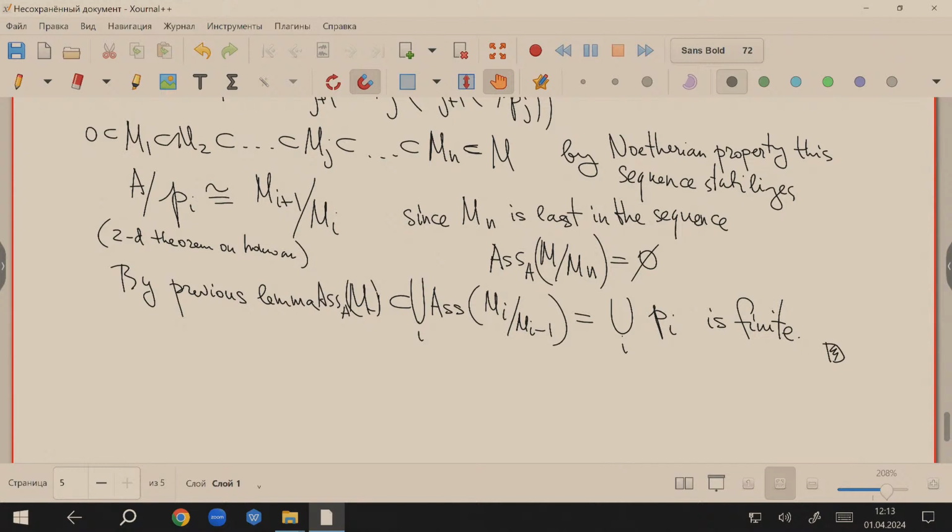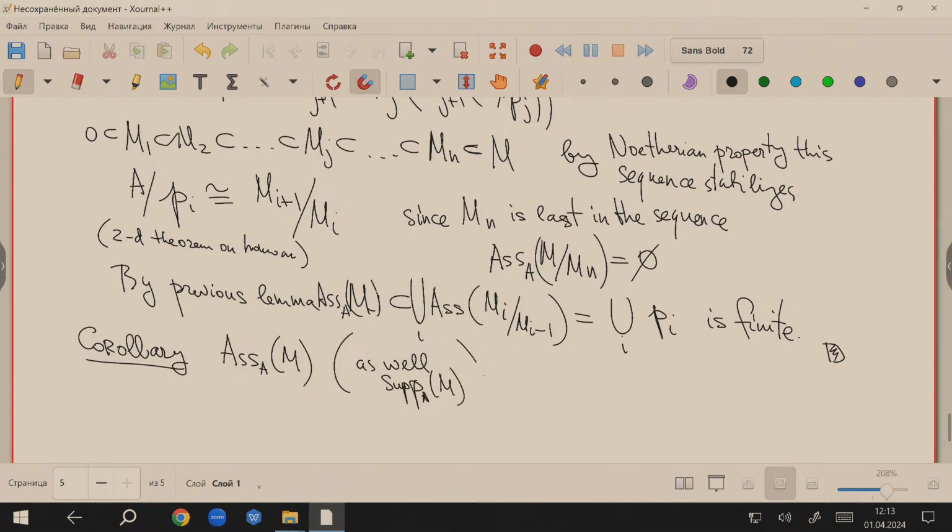So this shows that the set we are working with is finite. As a corollary of the two statements, the associated primes as well as the support have a finite number of minimal elements.